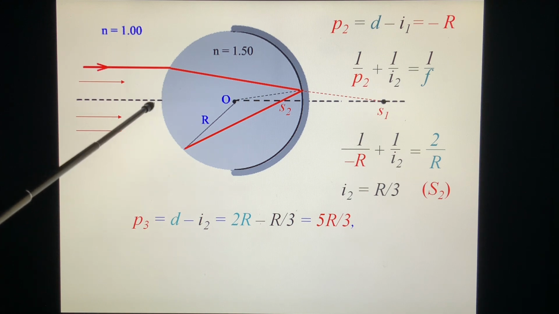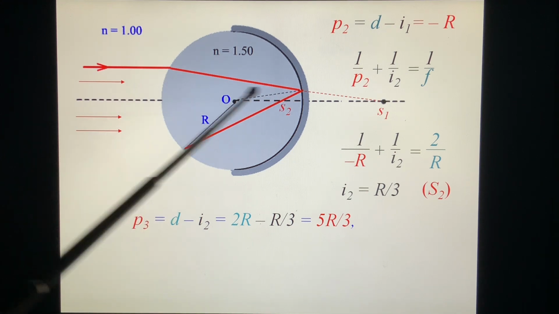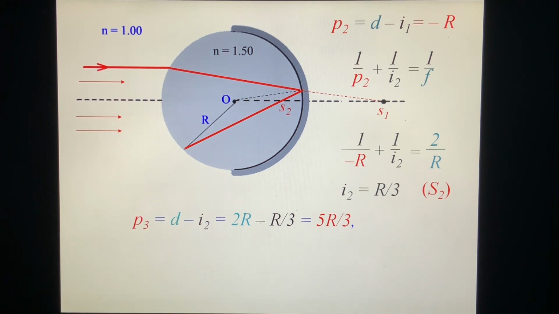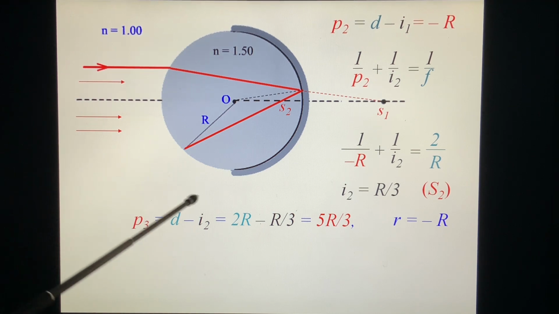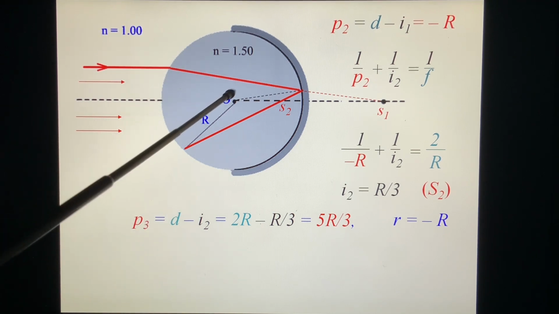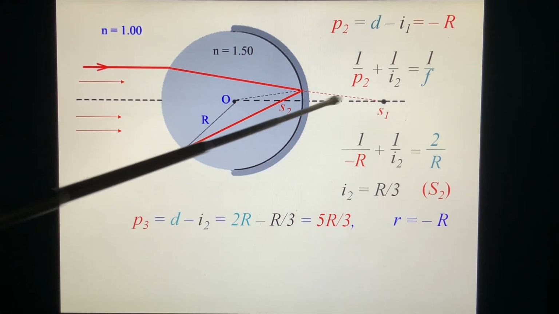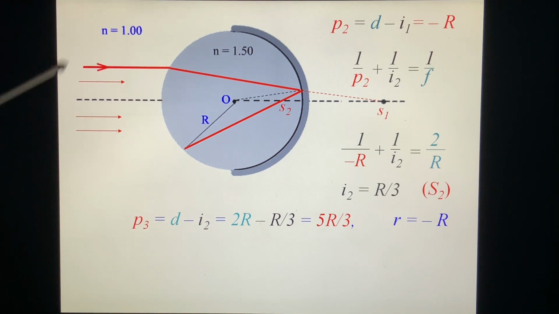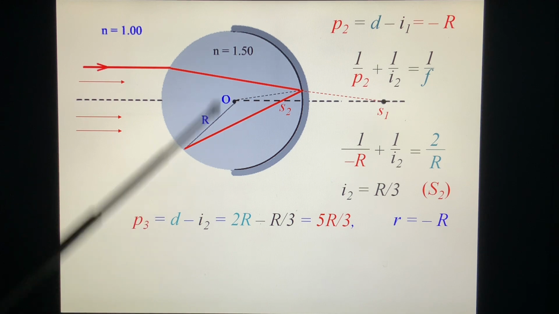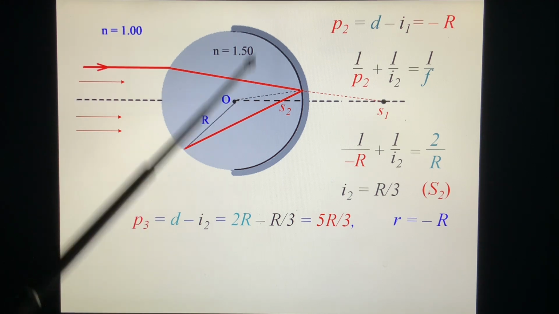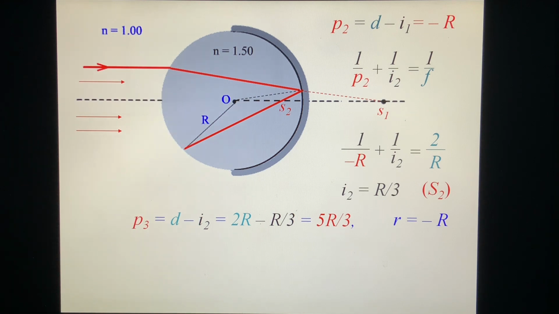In this case we look from here, and this surface R is in this direction; looking from this side, this is the virtual side, so R is a negative number.